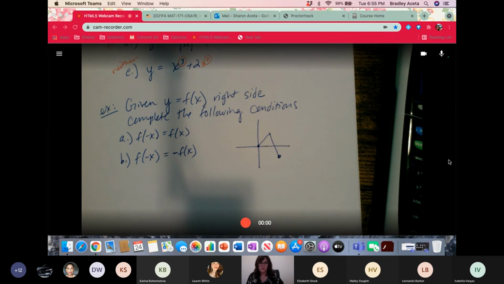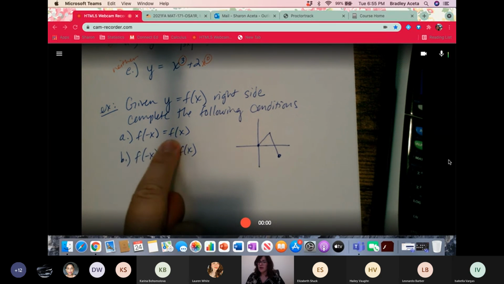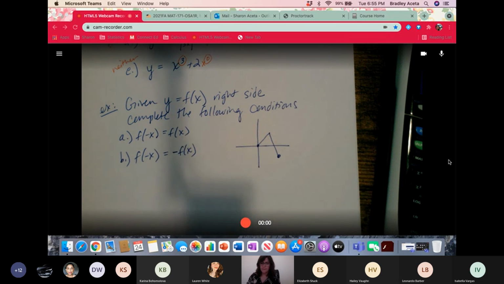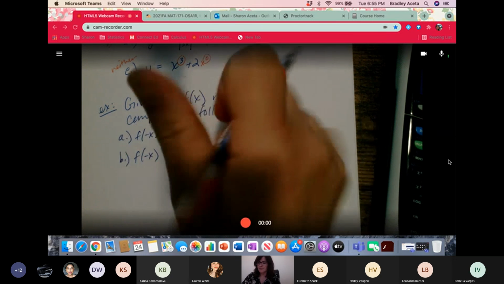Okay, so which one meant flip over the y and which one meant origin symmetry? Meaning if I turn it upside down, it looks exactly like it is. So if you plug in a negative x and you get out the original function, this is even.